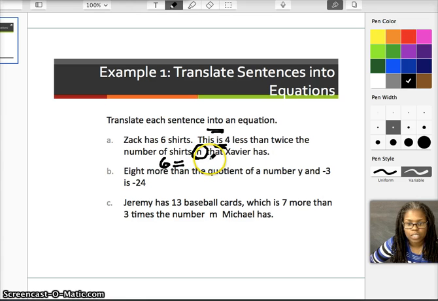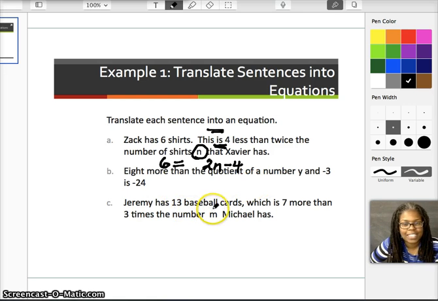Well, we're comparing it to 2 times Xavier's shirts, which we write as 2N, but 4 less is a little bit tricky. Some students like to write 4 minus 2N, but think, what does 4 less mean? It means to take away from a particular thing. And we're talking about 2 times Xavier's shirts. So we've got 6 is equal to 2N minus 4.